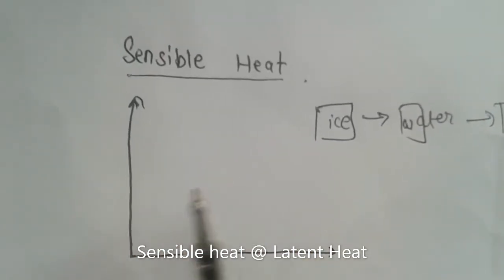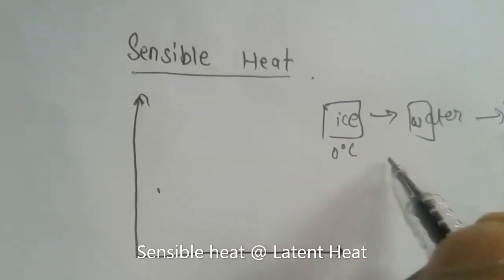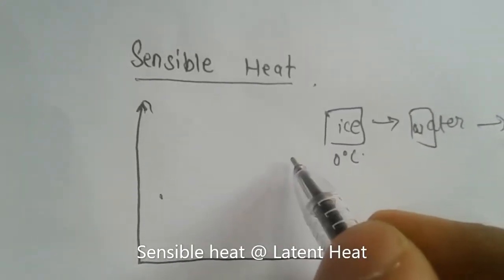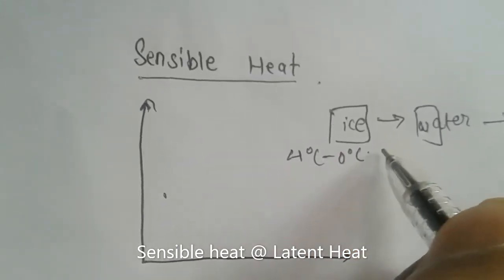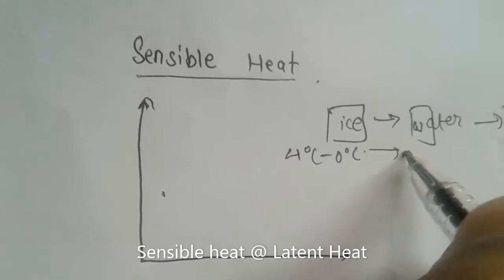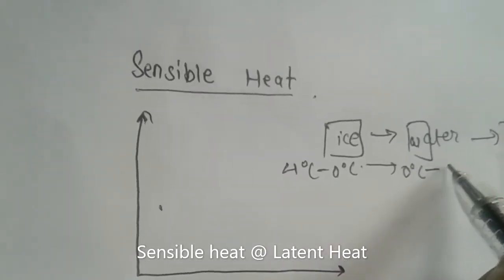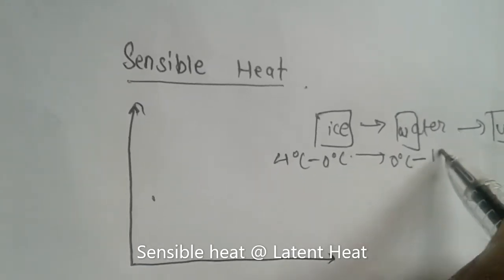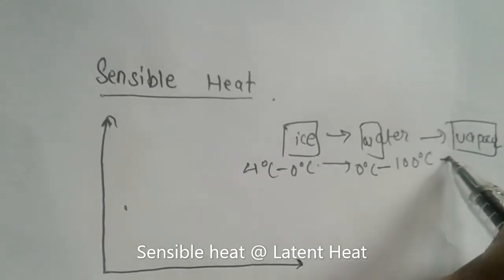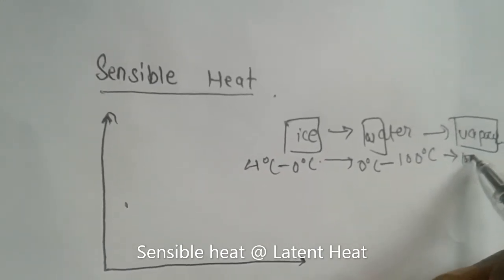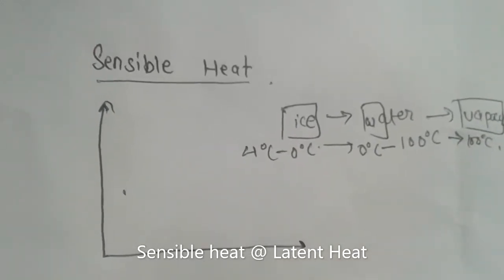First, ice at 0 degrees Celsius, or it may be at 4 degrees Celsius, will be converted to 0 degrees Celsius. Then water at 0 degrees Celsius, then the temperature rises to water at 100 degrees Celsius, and then the vapor will be at 100 degrees Celsius.